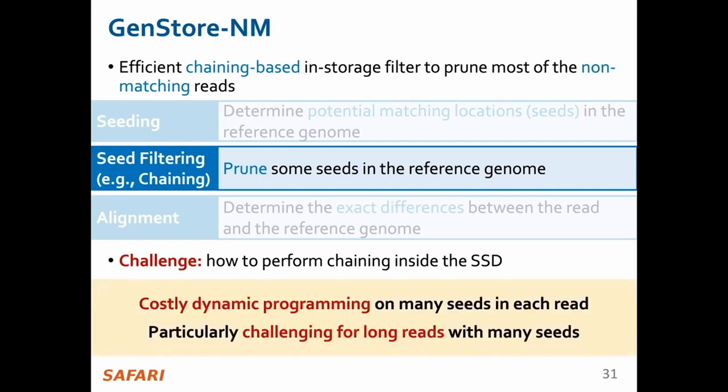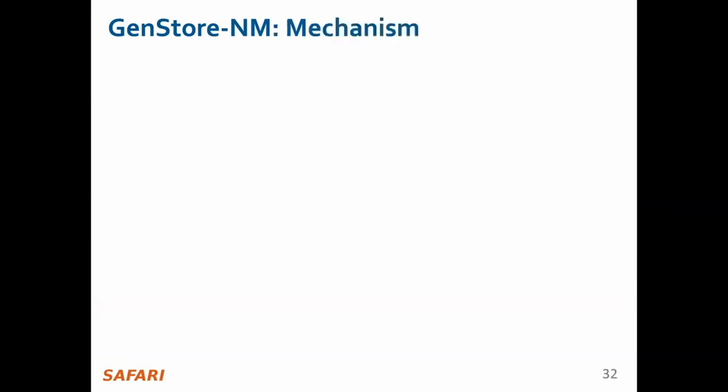If we want to perform this at high throughput for a long read, so that we can leverage the full internal bandwidth of the SSD, we would need to trade off large area by increasing the parallelism of this accelerator, the chaining filter. That would incur high area for logic and the buffer space that we would need. So that would be inefficient for long reads that can have an extremely large number of seeds.